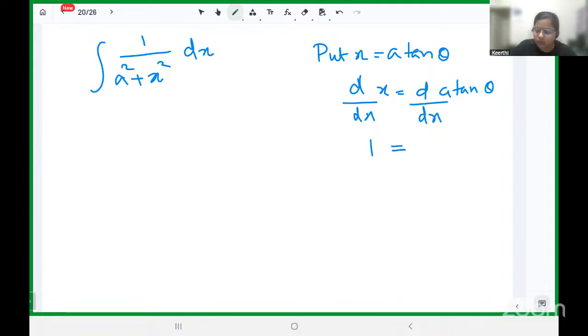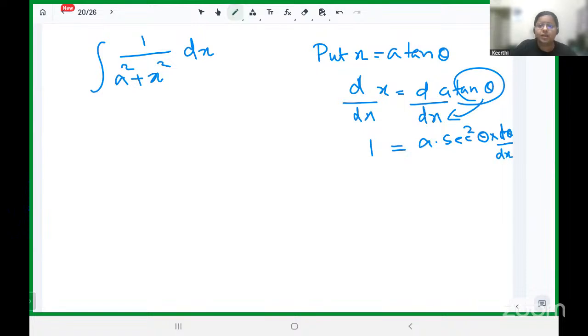1 is equal to a, which is a constant, so we can take it outside. Tan theta is a function, but we are differentiating it with respect to x, so differentiate it as usual. The derivative of tan theta is sec square theta, but the function is not in x, so we have to multiply by d theta by dx.